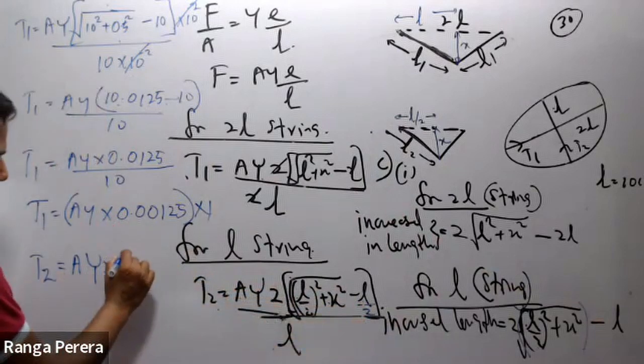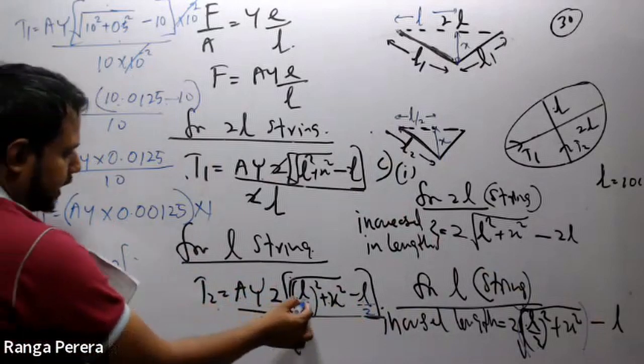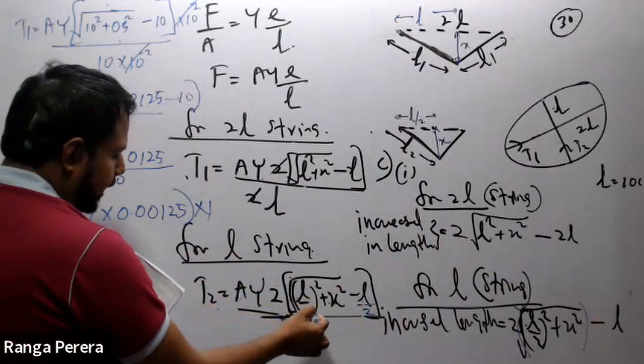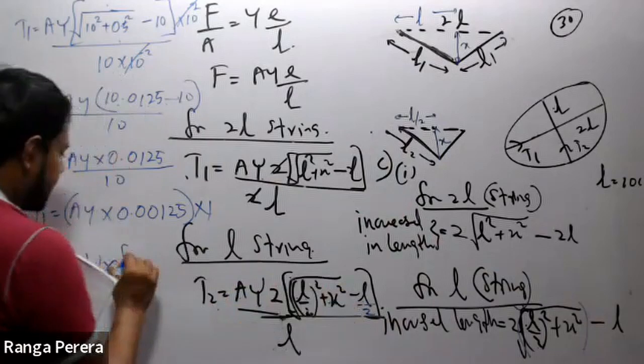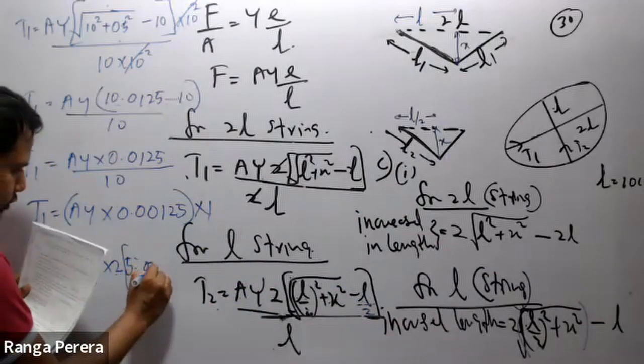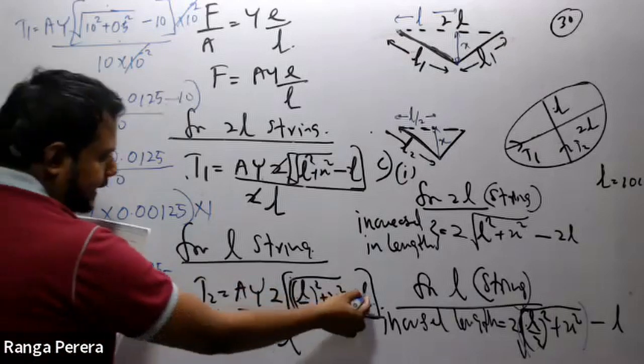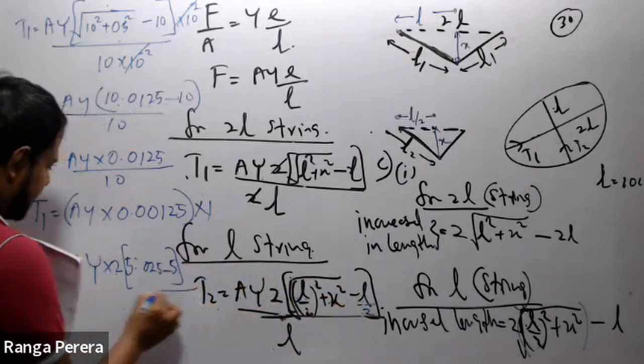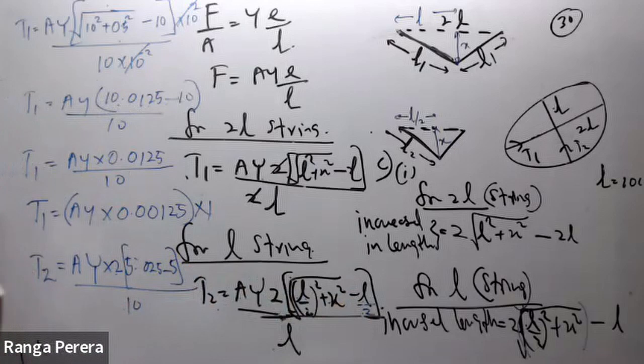They asked you to take L squared divided by 4, L divided by 4 squared plus x squared. You can take 5.025 minus 10 divided by 2, it is 5 divided by 10.